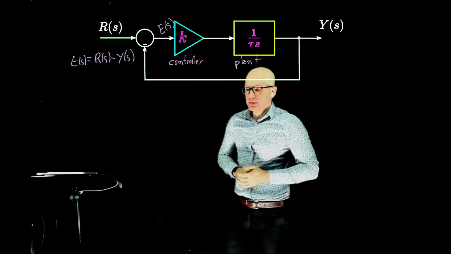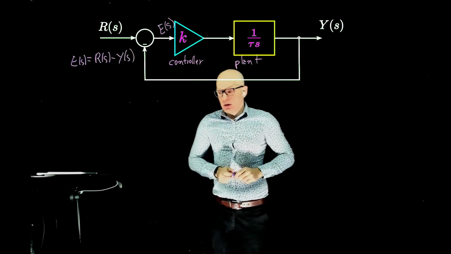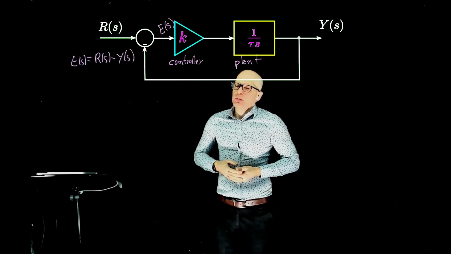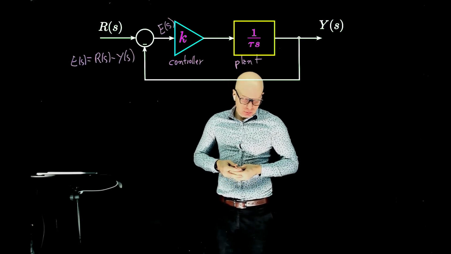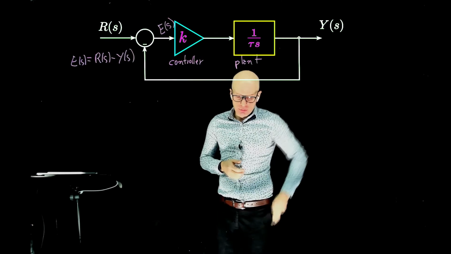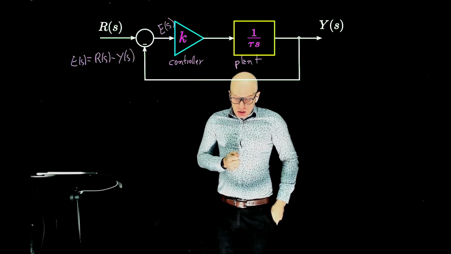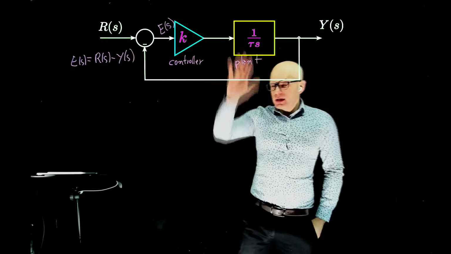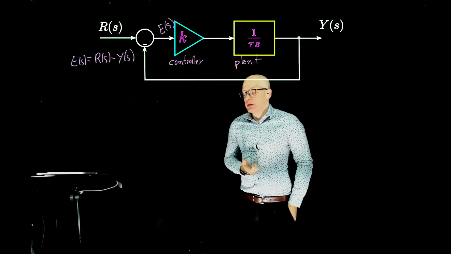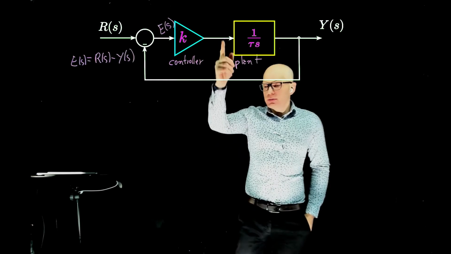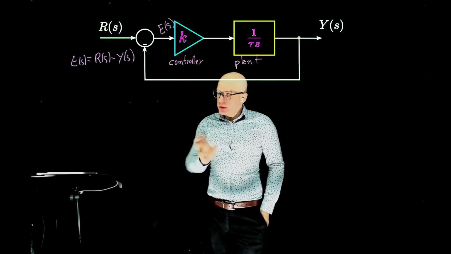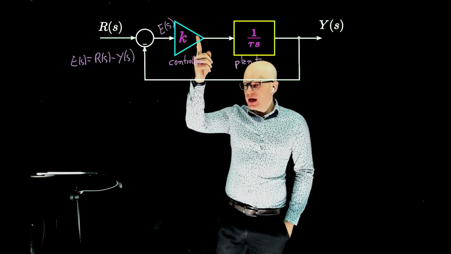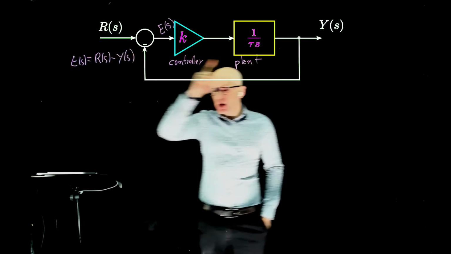Let's say, for example, you want to control the amount of a drug in the system, in the body, and we have here a plant that is a machine that injects that amount of drug. The input to the machine could be how much we open a valve, for example. And this amount now becomes proportional to the error between the input and the output.